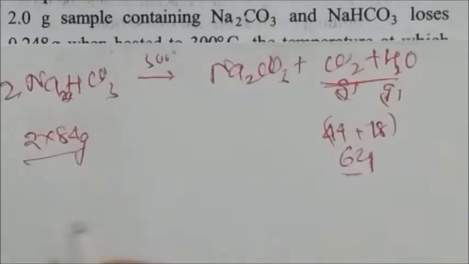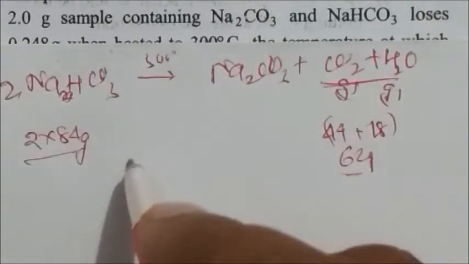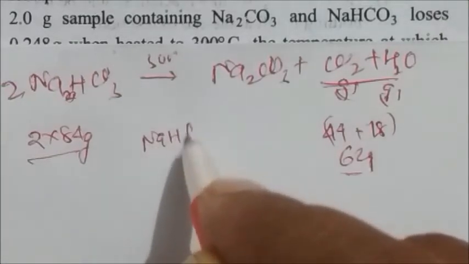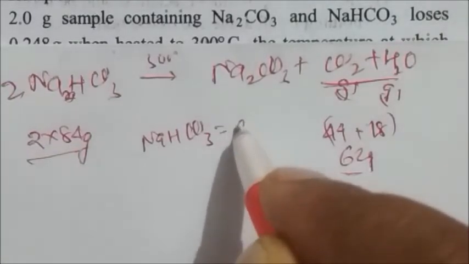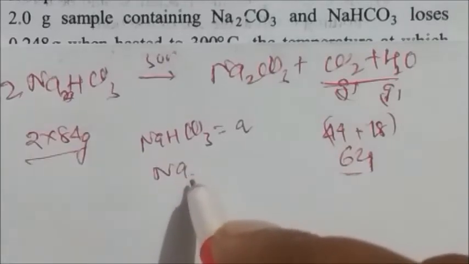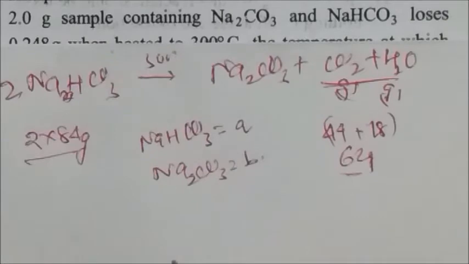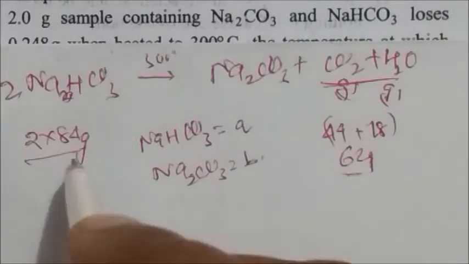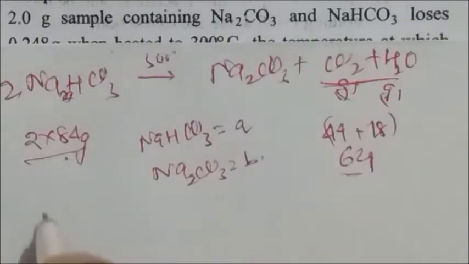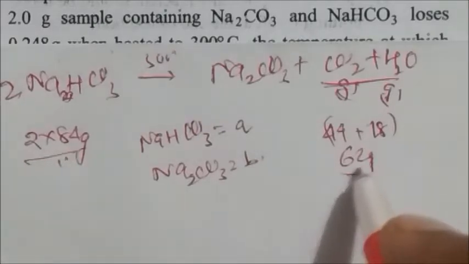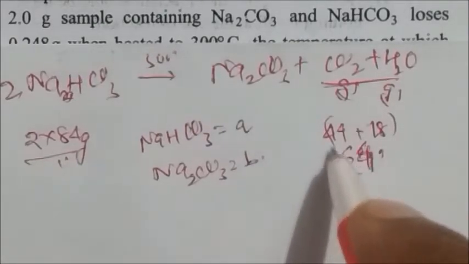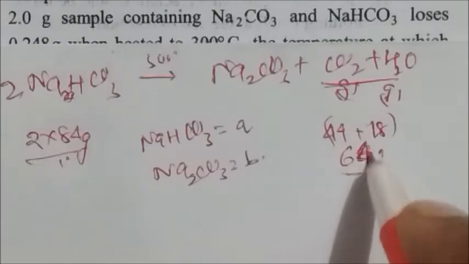Suppose sodium bicarbonate is A gram, and sodium carbonate is B gram. Now this is A, so we can write here: this much is losing. 2 into 84 means 62 gram is lost.